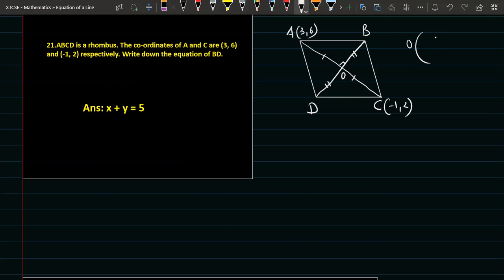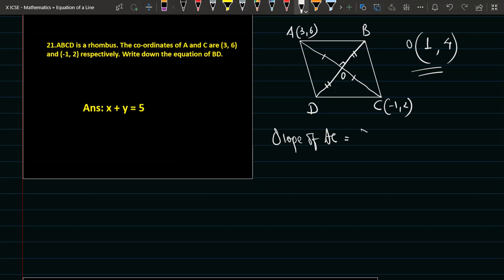3 minus 1 by 2 and 6 plus 2 by 2, 4. These are the coordinates of the midpoint of AC, and the midpoint of AC, which is O, is also the midpoint of BD. Means O के coordinate gives us a point which is lying on BD. ठीक है. अच्छा, now can we find the slope of AC?